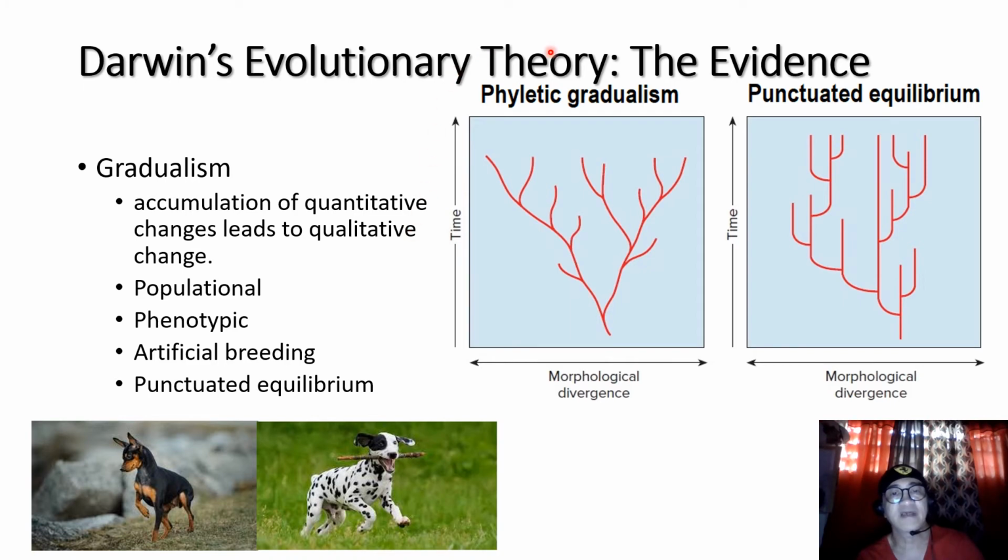Now, on another note, Niles Eldredge and Stephen Jay Gould proposed punctuated equilibrium in 1972 to explain the discontinuous evolutionary changes observed throughout geologic time.